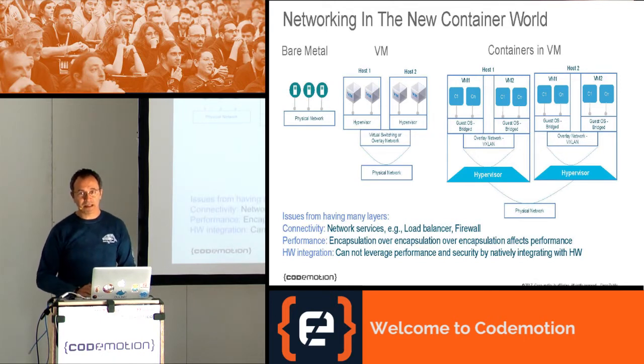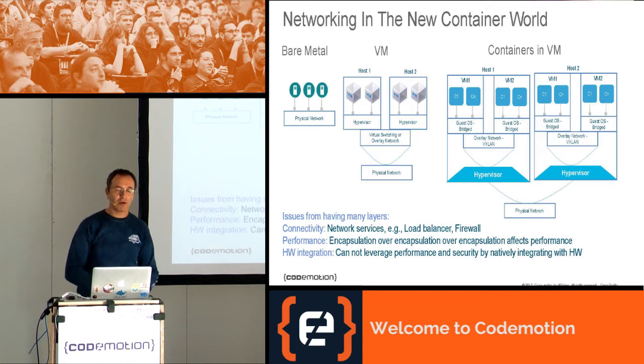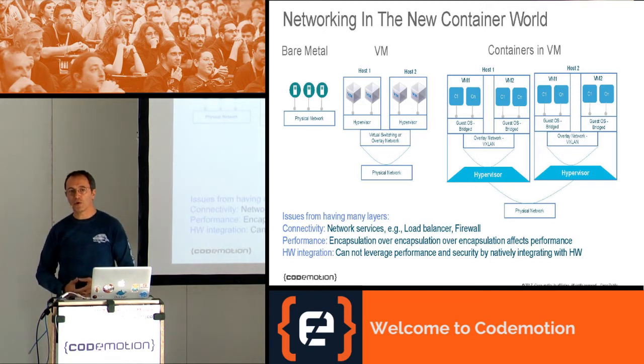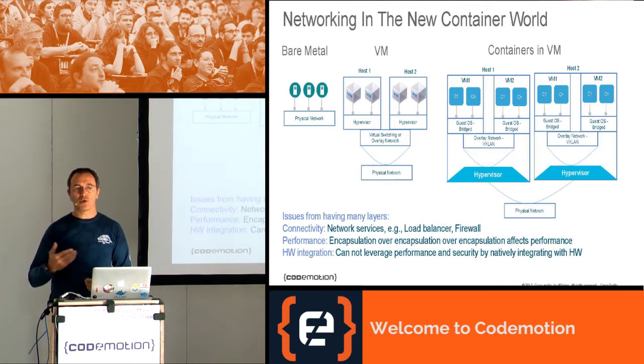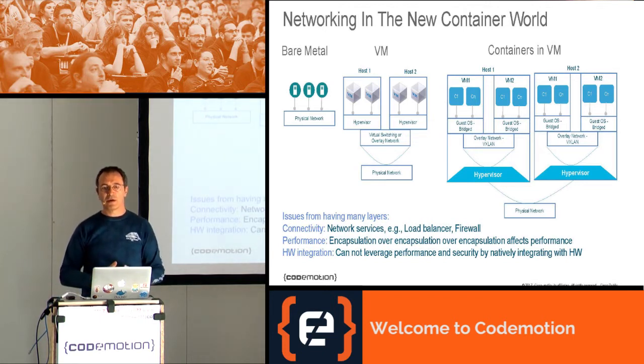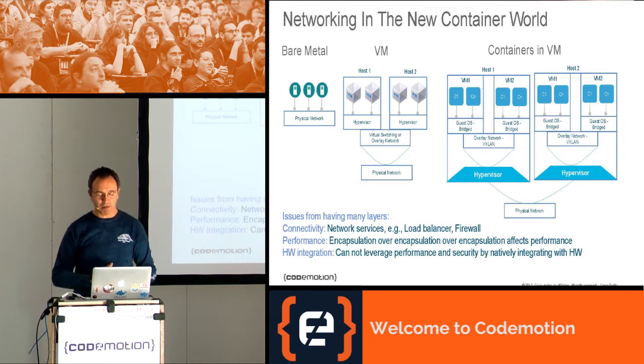So there are some problems that affect connectivity. As an example, if you want to attach a load balancer or a firewall in the physical world to your networks where containers run, it can be difficult. Encapsulation in each layer contains the other encapsulation packet, so every packet becomes bigger and bigger, and performance is also affected by this.